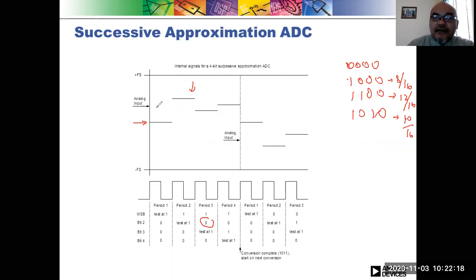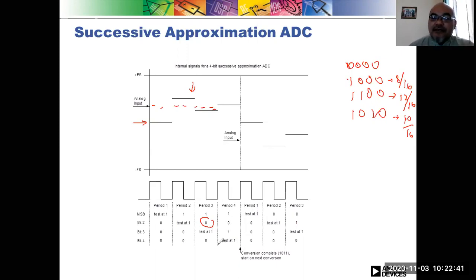Here we see that it is still less than the analog input, so this is true. In the next period, period 4, bit 3 stays switched on, so 1 0 1, and then it will switch on the last bit of the digital value.